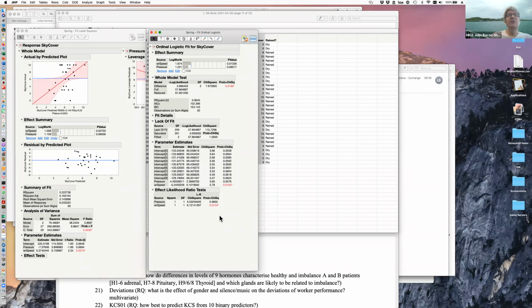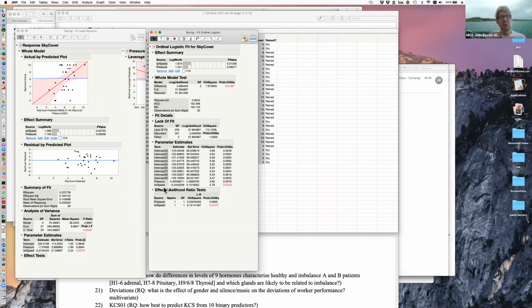That's because this ordinal logistic model assumes that as the pressure and wind speed change, the chance of going from one category to the next in sky cover is consistent. It's basically assuming that the log ratios of successive levels of sky cover change depending on pressure and wind speed in a consistent way.